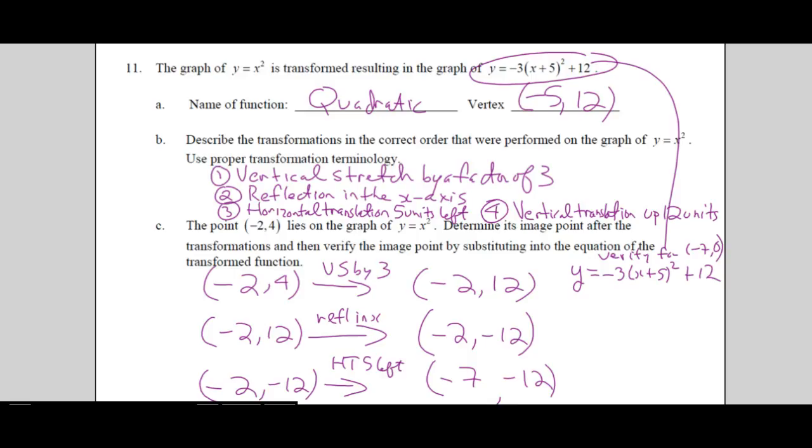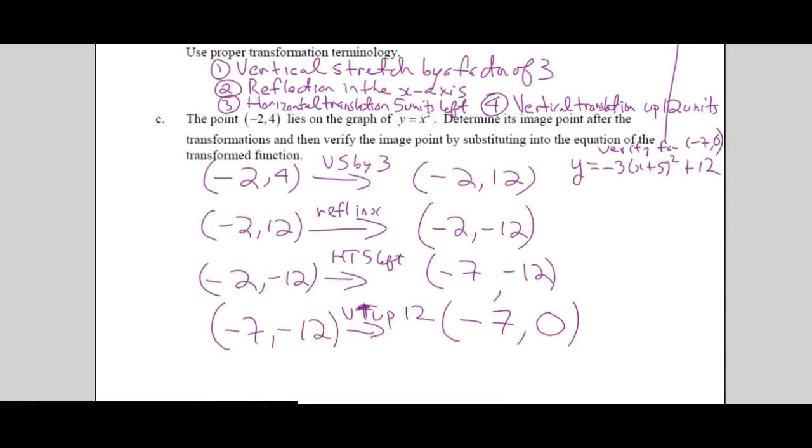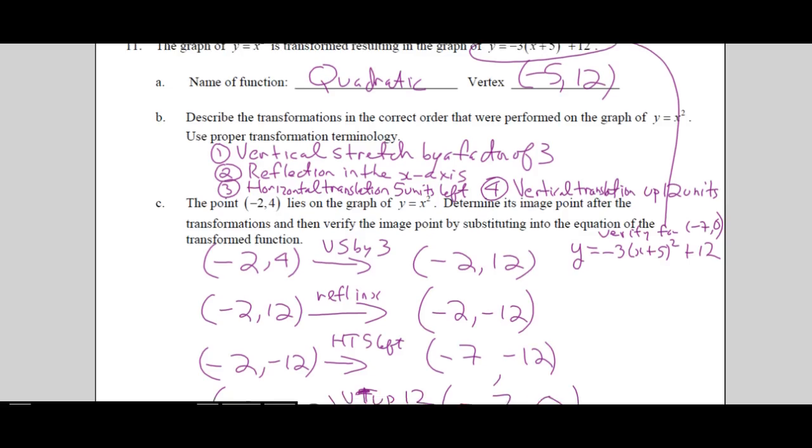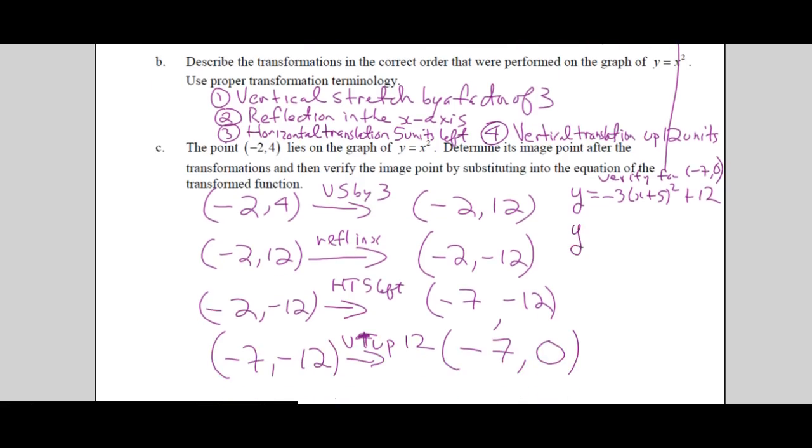Hang on, I'm on the wrong one. There we go. So y is equal to negative 3 times negative 7 plus 5 squared plus 12, which is negative 3 times negative 2 squared plus 12, so that's negative 12 plus 12.